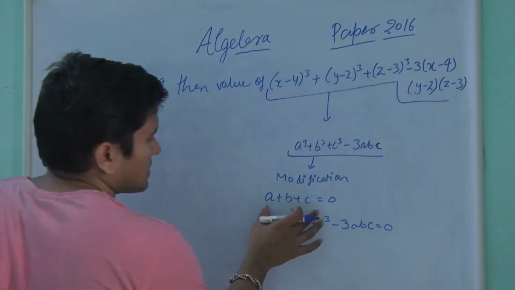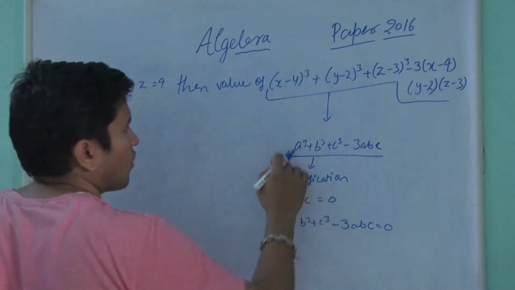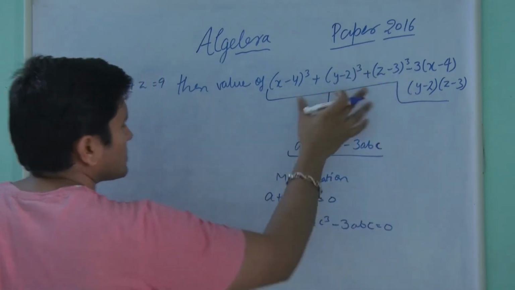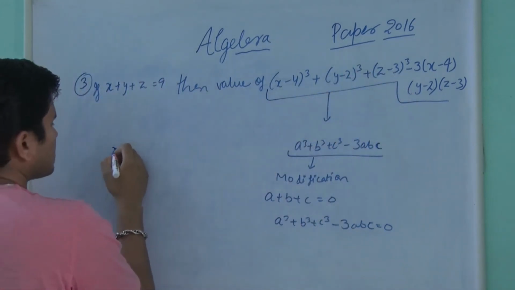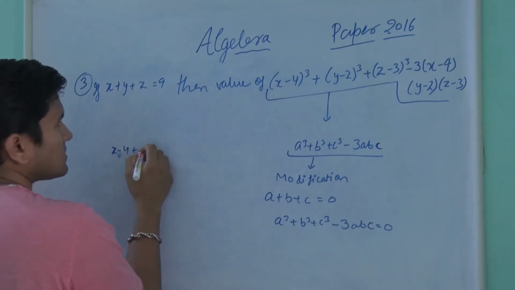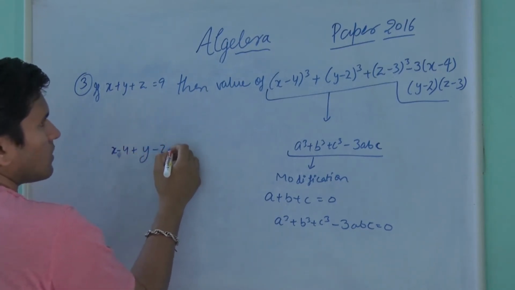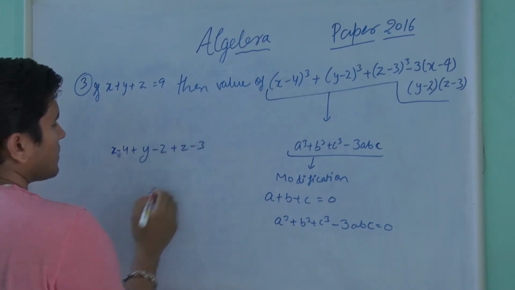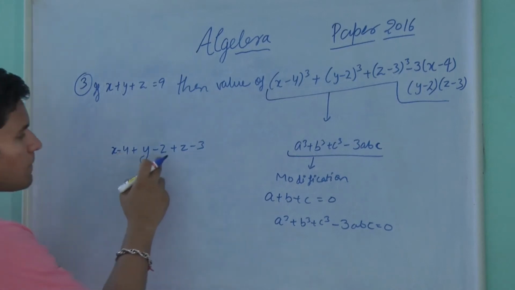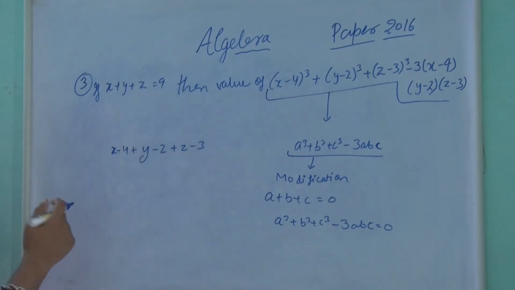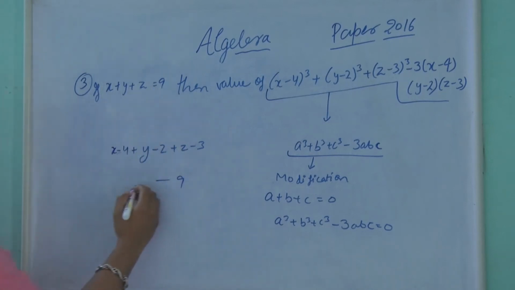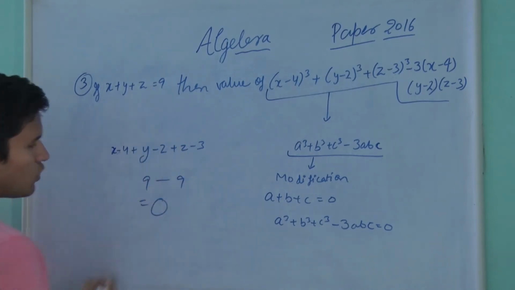So we have to check whether a plus b plus c is 0 or not. This is a, this is b, this is c. Just add all three: x minus 4 plus y minus 2 plus z minus 3. By adding, you can figure out that minus 4 minus 2 minus 3 becomes minus 9, and x plus y plus z is already given as 9. 9 minus 9 equals 0.